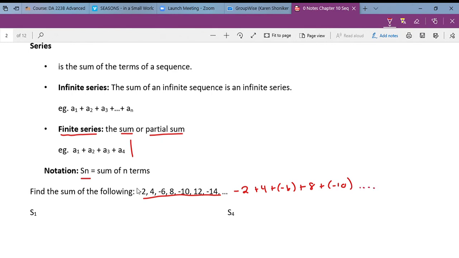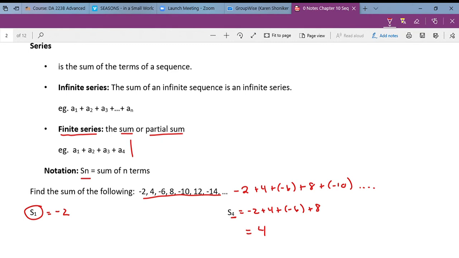But if I said, hey, I want you to find a partial sum of the first term, well, the sum of the first term would just be -2, because that is the first term. If you wanted to find the sum of the first 4 terms, it would be -2 plus 4 plus -6 plus 8. And if you added those all together, you would get a sum of 4. So the partial sum of the first 4 terms in the series would be 4.